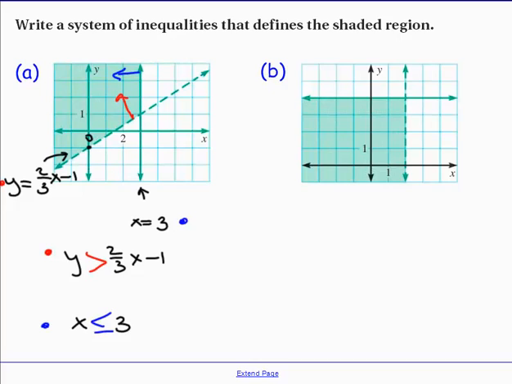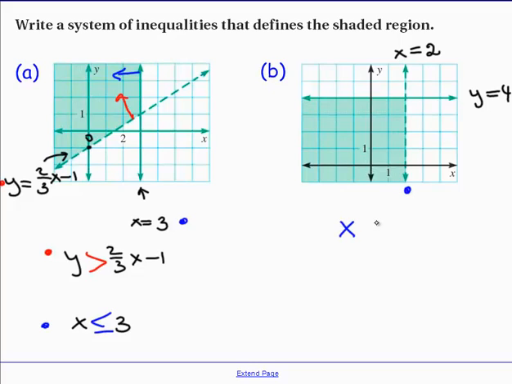Over here we have two lines. We have x is equal to 2, and we have y is equal to 4. So the first thing we're going to do is this one.